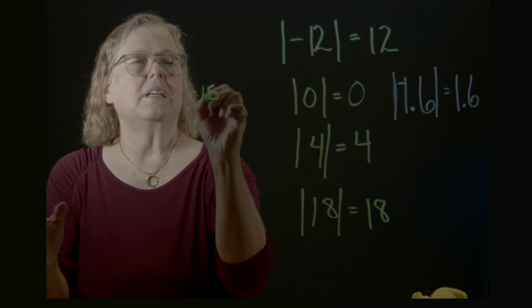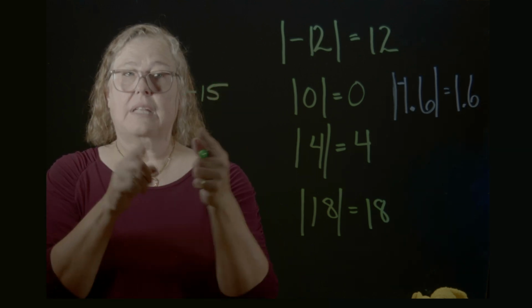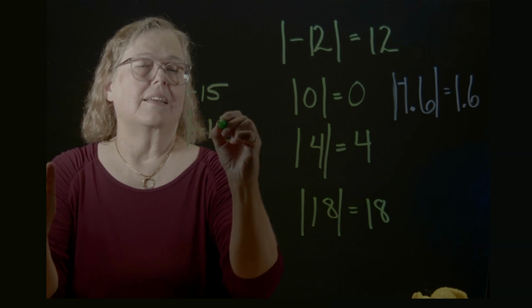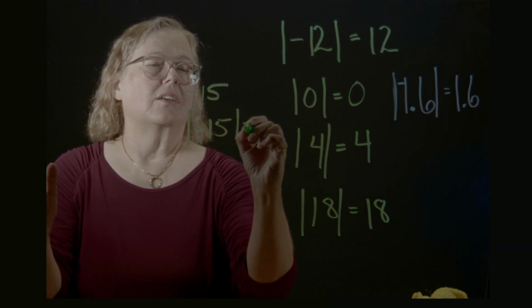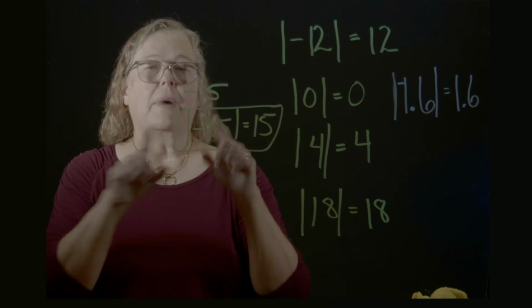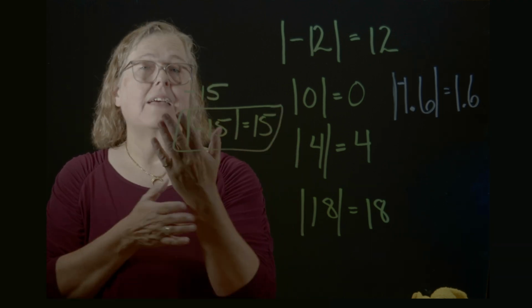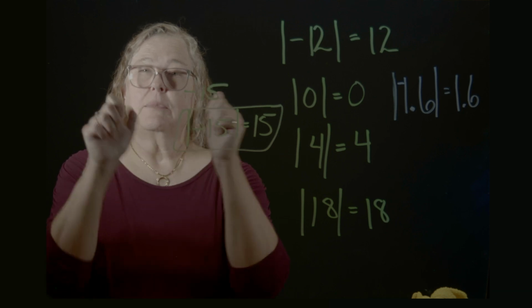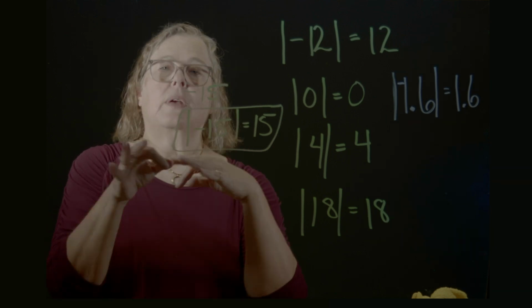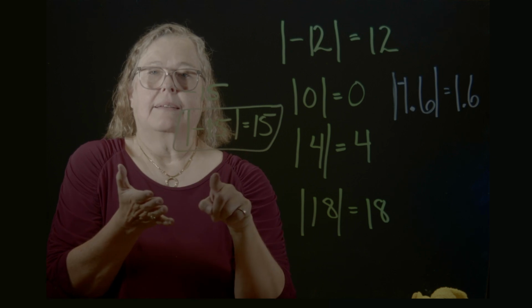So a negative 15, that's my account, right? It's going to show I have a negative $15. And what is the absolute value of that negative $15? 15. But I don't say that. I say that I paid $15 because I'm using the absolute value. That is the magnitude, and I'm explaining how much I paid.